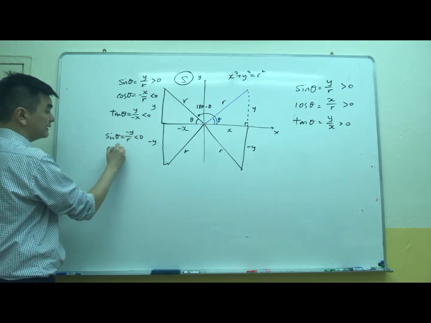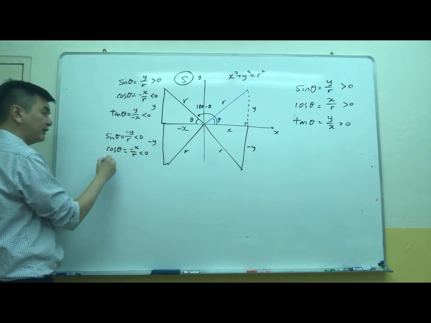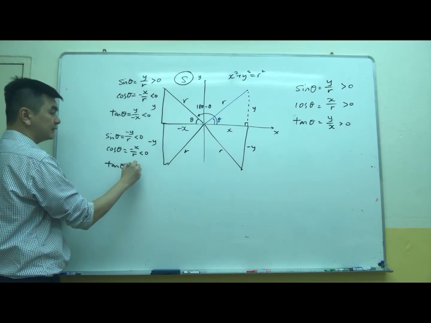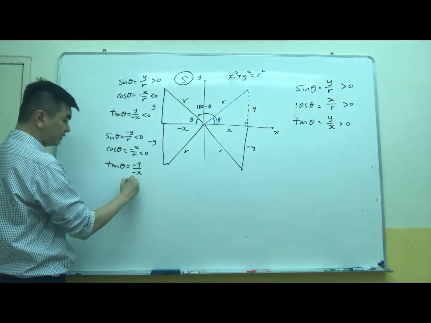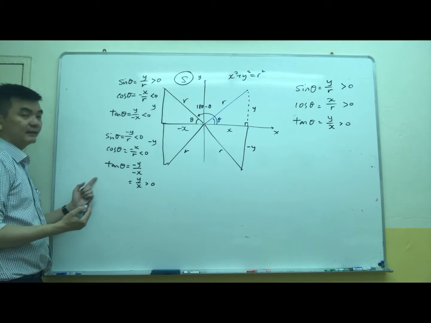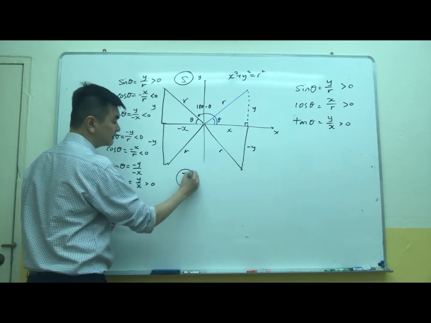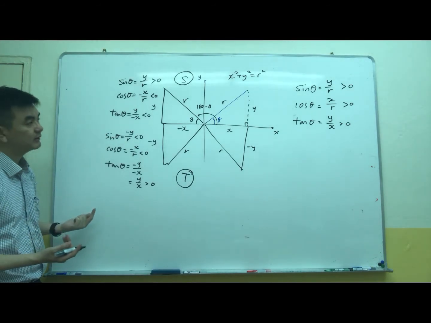Cosine theta is minus x over r, which is negative as well. Tangent theta is minus y over minus x, which gives y over x, which is positive. So in the third quadrant, only tangent is positive. The other two ratios will be negative.